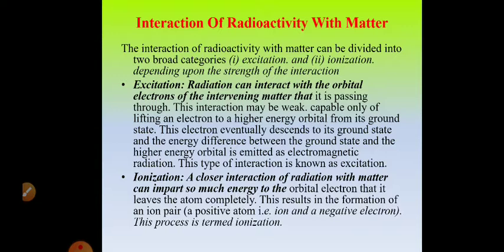That means whenever a matter, a gas particle, or any particle is struck by radiation, two phenomena can take place: number one, excitation, and number two, ionization. Ionization is generally measured by using a gas filled chamber like an ionization chamber, proportional chamber, or Geiger counter. Excitation radiations are generally measured by scintillation counters.